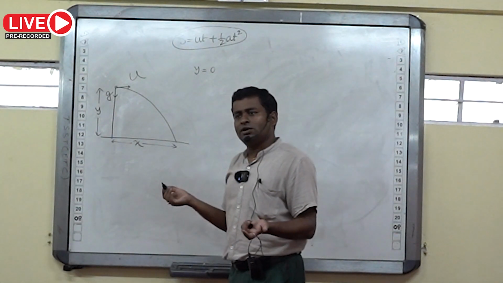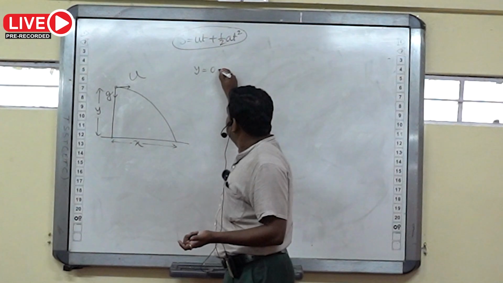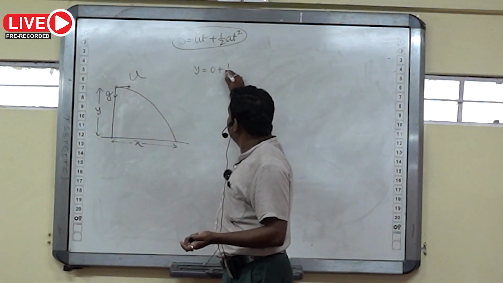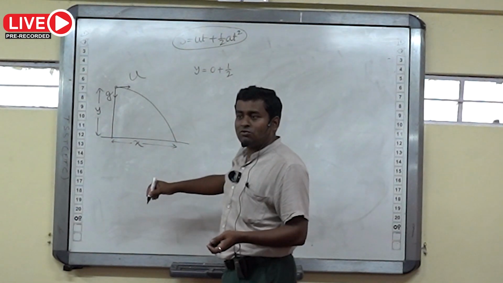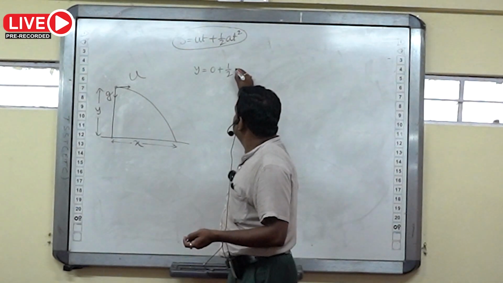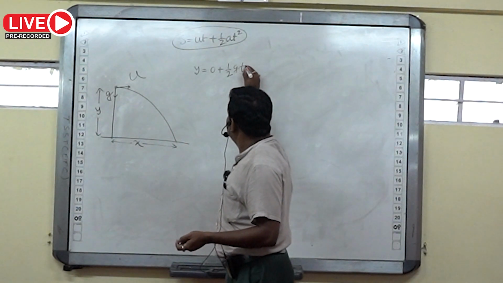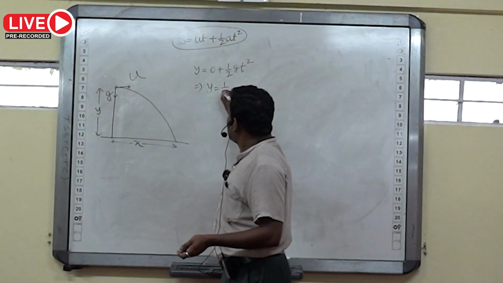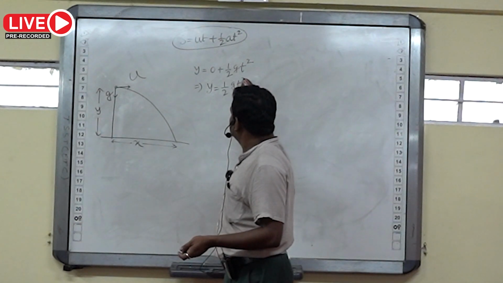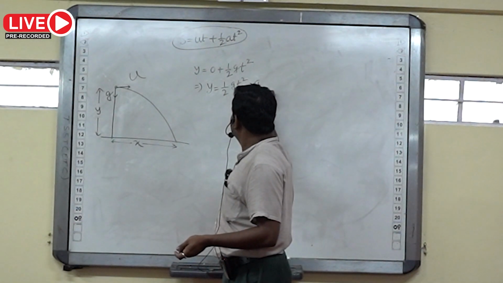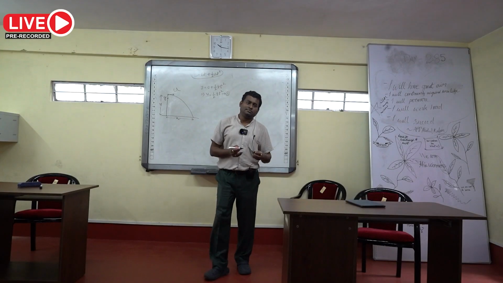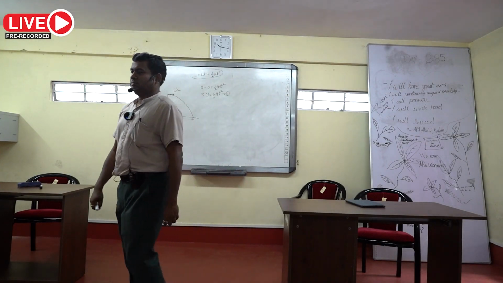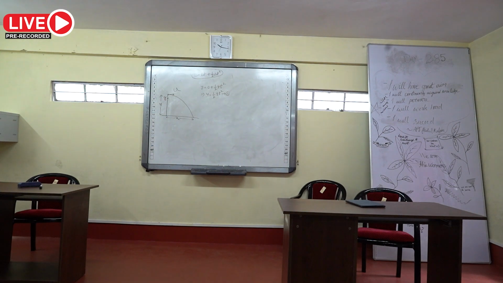So ut term is already 0, plus half. Is there any acceleration in downward direction? Yes, that is g. Then t square. So we get y equal to simply half g t square. This is my equation 1. Y equal to half g t square.